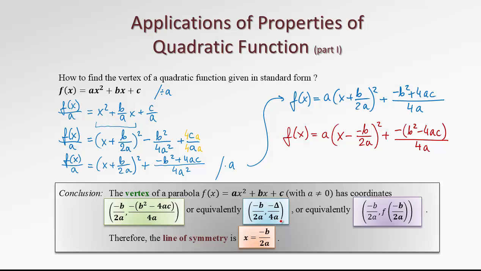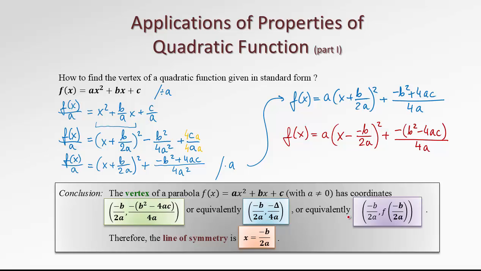Another way of finding the vertex is as follows. If we already figure out the first coordinate, negative b over 2a, the second coordinate could be calculated just by evaluating our original function at the point negative b over 2a. That will also give us the second coordinate of the vertex.